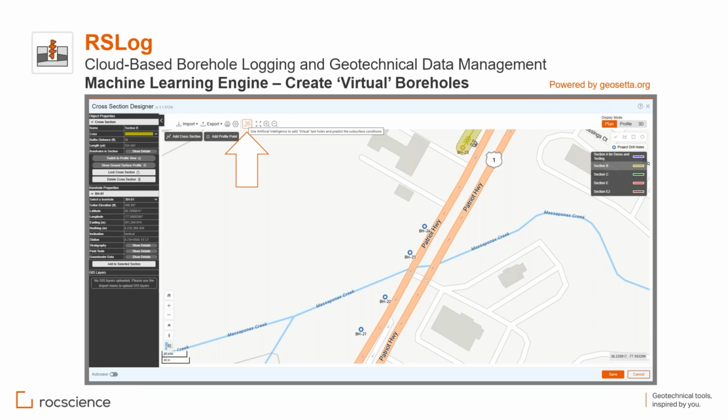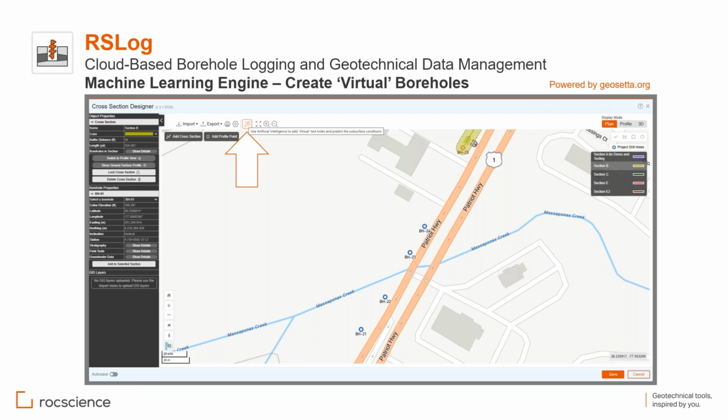And geozeta.org provides this data to us. So if your project is in the US, immediately after coming to the map page in cross-section designer, we load all the nearby public boreholes for you, and you will be able to include them in your cross-section design.